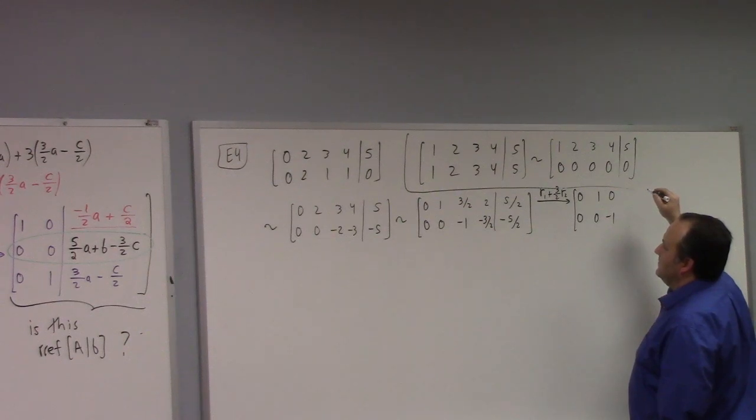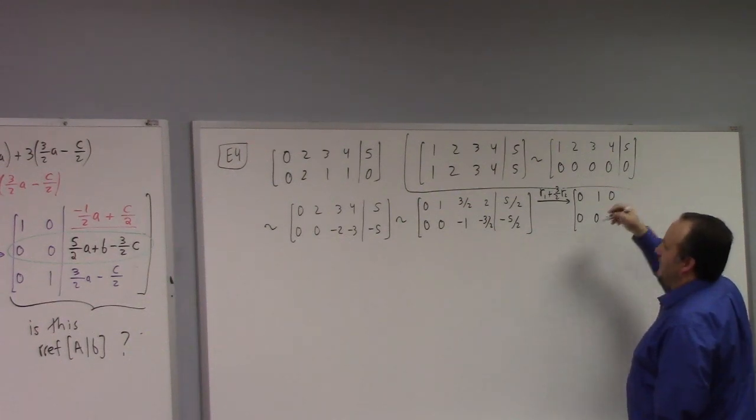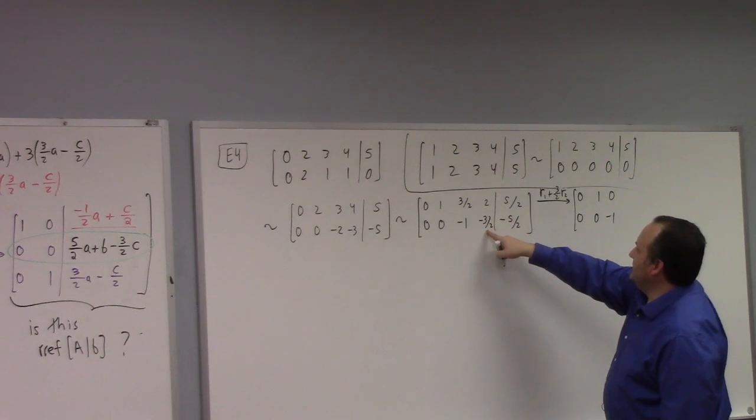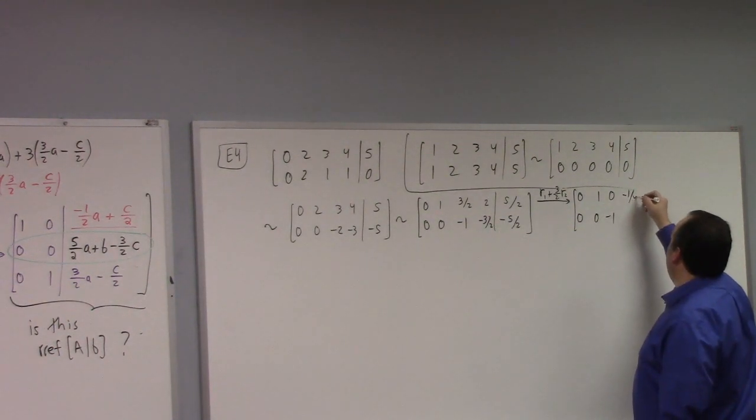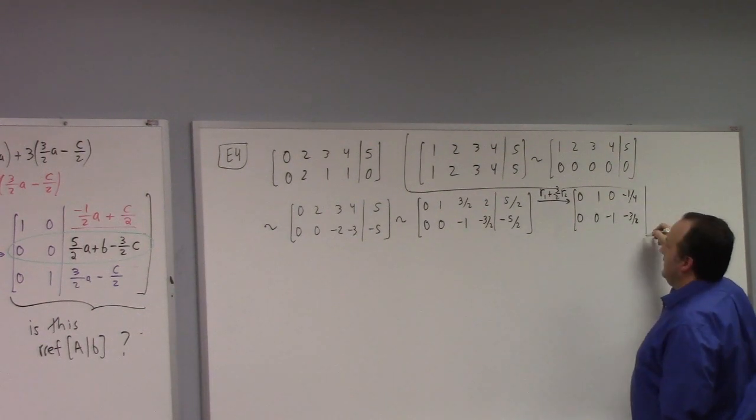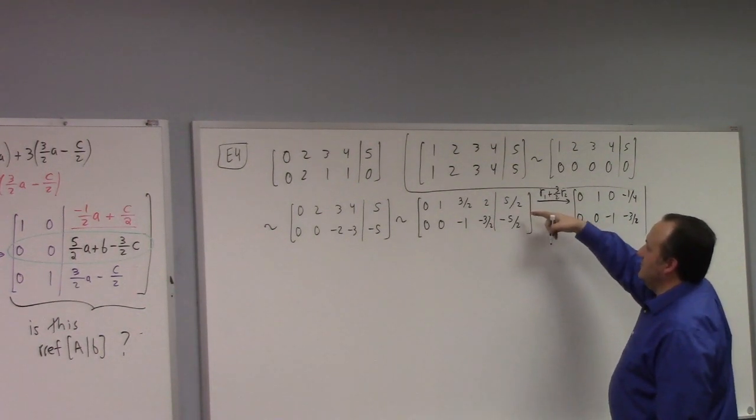All right, so I need to do, what's 3/2 of 3/2? 3/2 times 3/2 is 9 quarters. So I've got minus 9 quarters plus 2. Minus 1/4. Minus 1/4, thank you. And still minus 3/2.